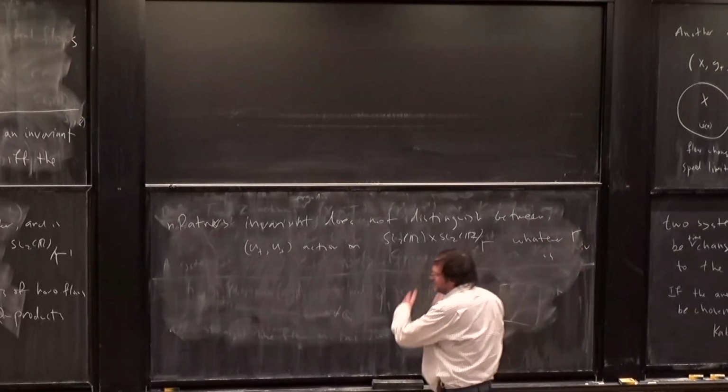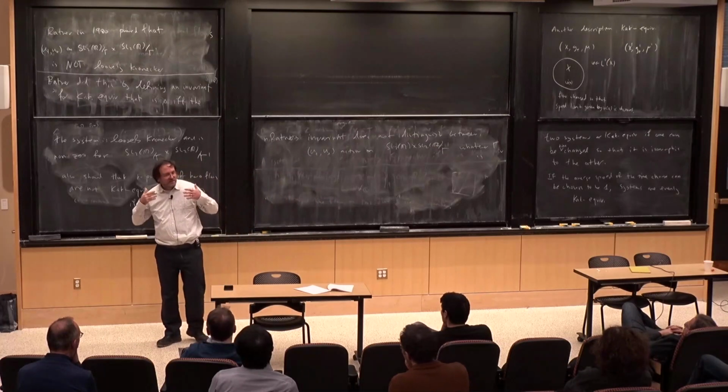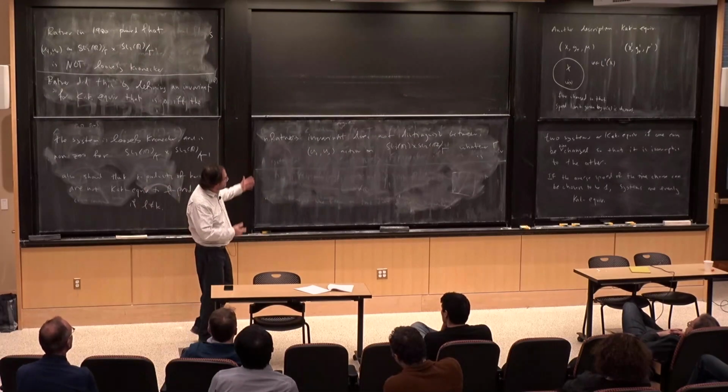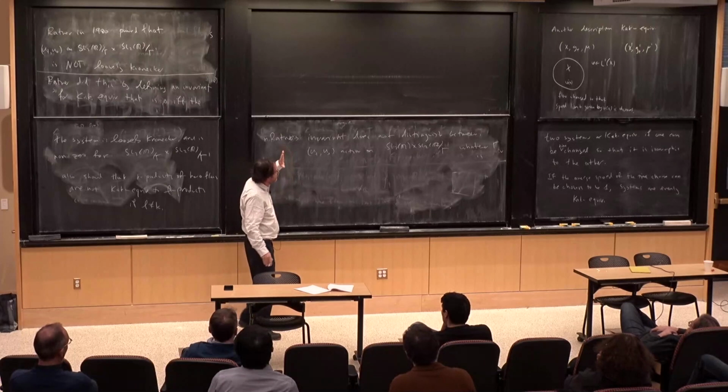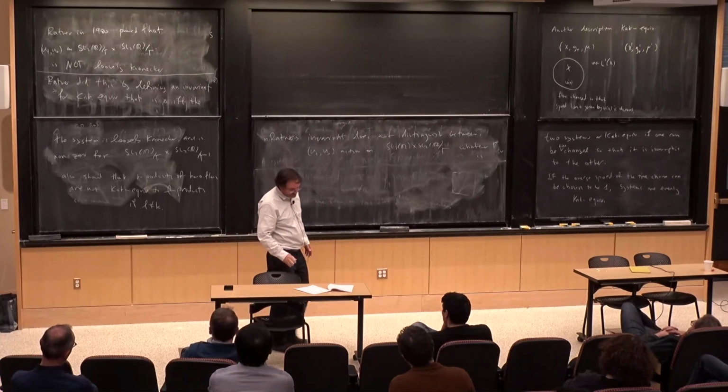So maybe gamma is a product of two lattices, maybe gamma is an irreducible lattice. Ratner's invariant gives the same value to all of these systems.